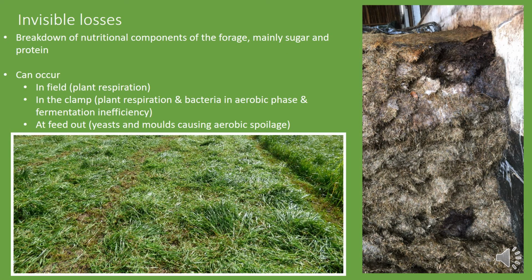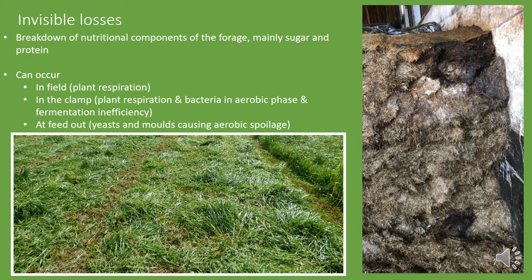The invisible losses are much harder to detect because they represent the breakdown of the nutritional components of the forage, mainly measured in sugar and protein. These again can occur all the way from the field through to feed out. And in the field they generally occur as plant respiration and breakdown of those nutrients as soon as the grass is mown.